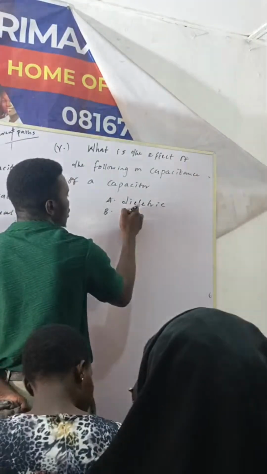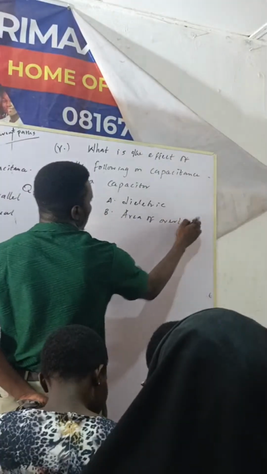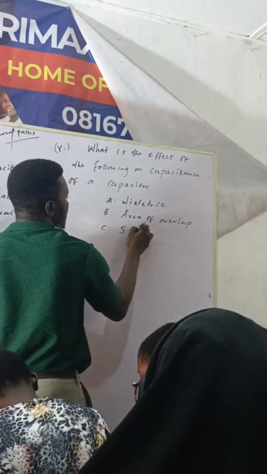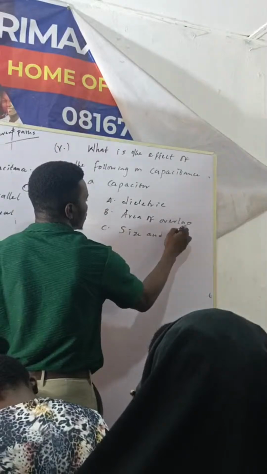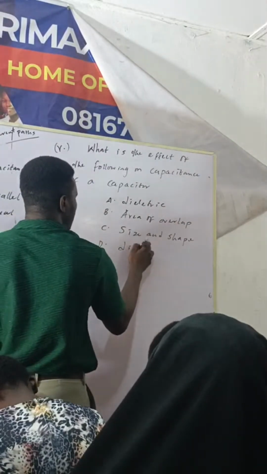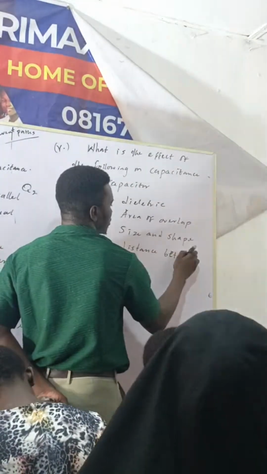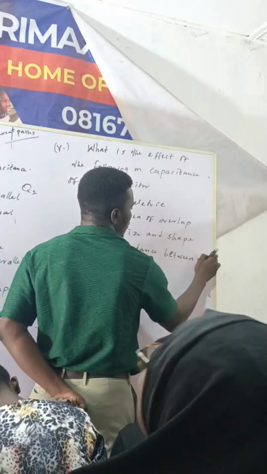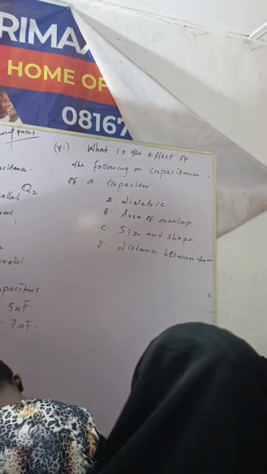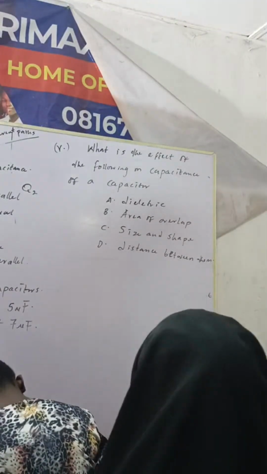B. The area of overlap. C. Size and shape. D. Distance between them. Are you following?